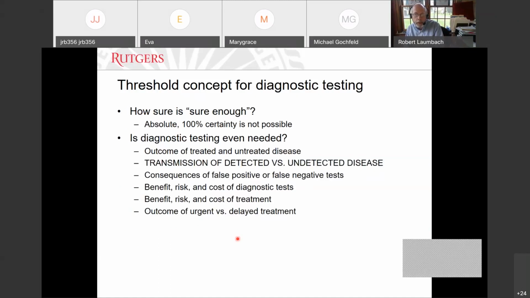It depends on the outcome of treated versus untreated disease, the transmission of detected versus undetected disease, in this case very important. And then again, the consequences of false positive or false negative tests or diagnoses. And then issues about the benefit, risk, and costs for not only the treatment or the diagnosis, but also of the diagnostic test itself.